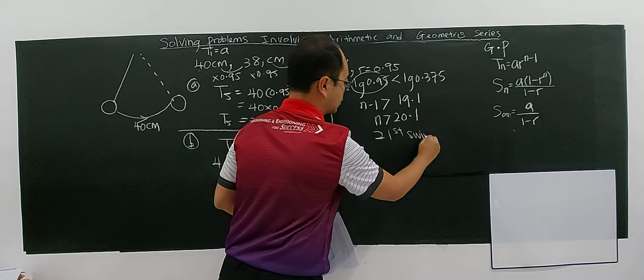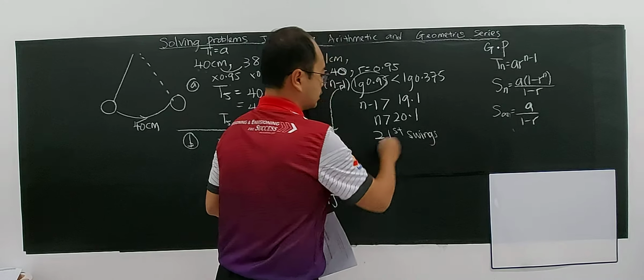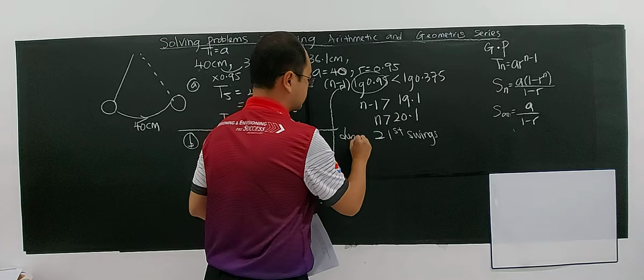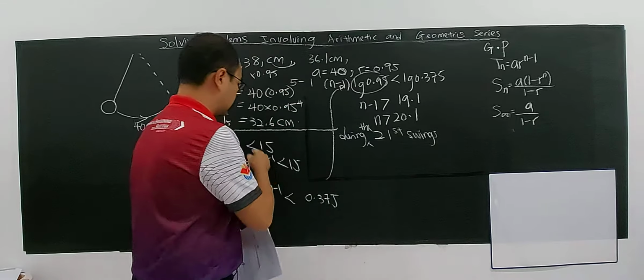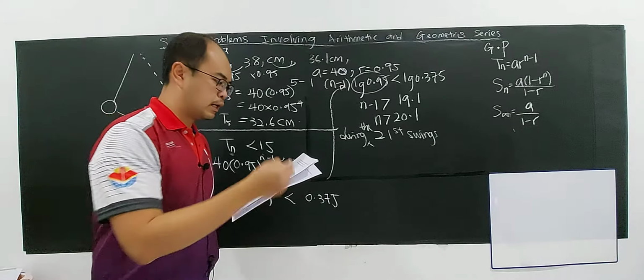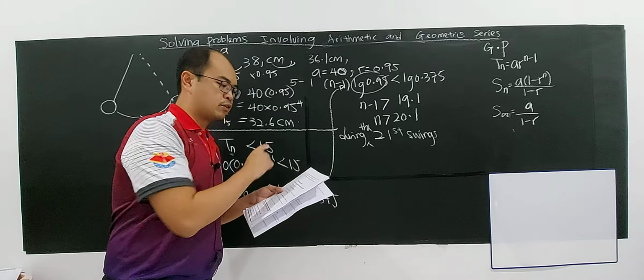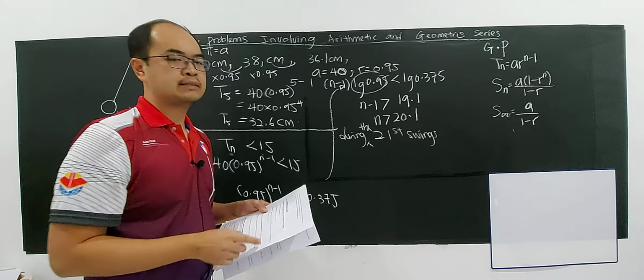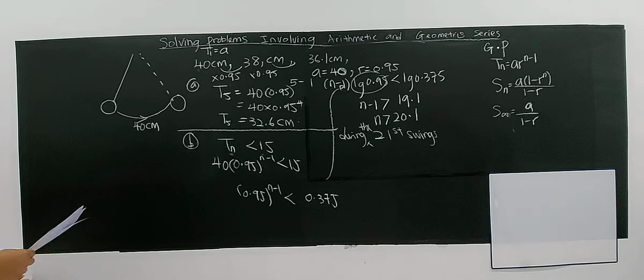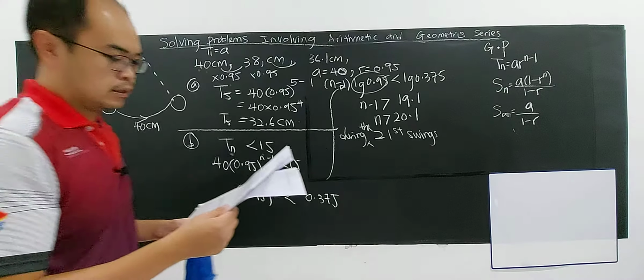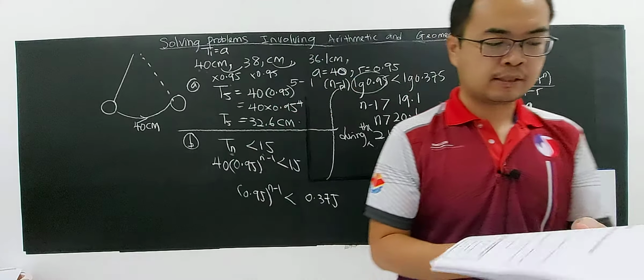During the 21st swing, the length of the arc of the pendulum starts to be less than 15 cm. So this is how you answer this part of the question.